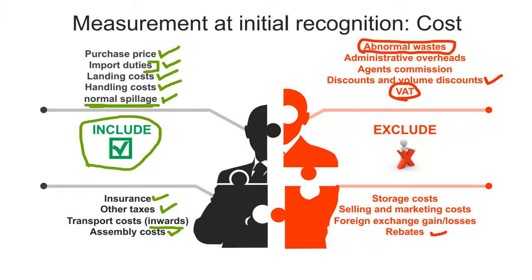Landing costs is just to get it to the harbor. Then you might have handling costs just to take it off the ship. Then you might have cargo costs to get it from outside the ship to the factory. As a whole, we would call all of those inbound transport costs. So inbound transport costs is like the umbrella, whereas the landing costs and the others are like within the umbrella.